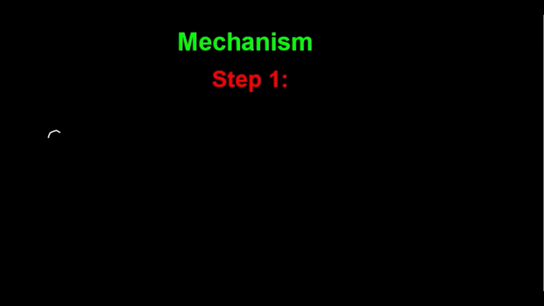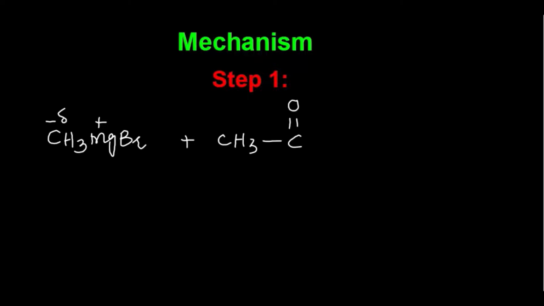In the first step of the mechanism, we write the Grignard's reagent, that is methyl magnesium bromide. There is a partial negative charge on this carbon, magnesium has positive charge, and here we make the ester molecule, that is ethyl acetate.